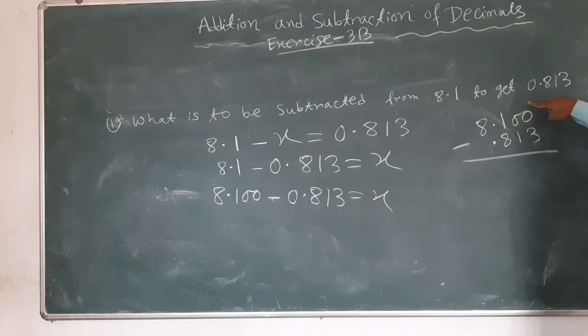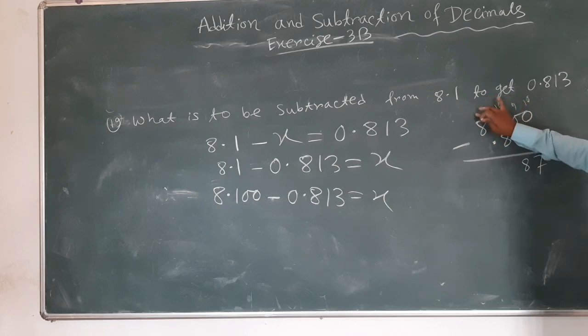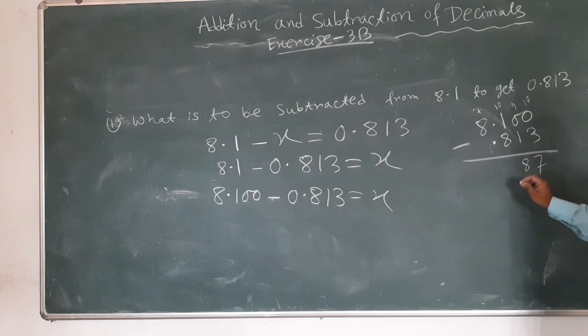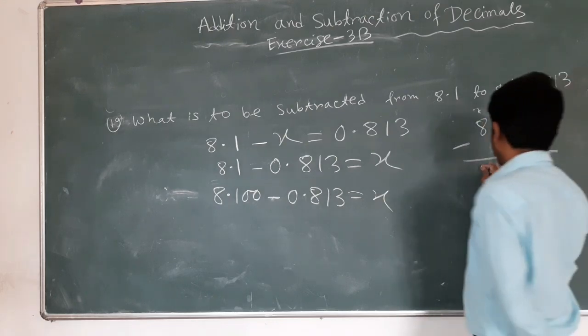So 10 minus 3 is equal to 7, 9 minus 1, 8, and 8, 1, 0, 10, 7. So 10 minus 8 is equal to 7.